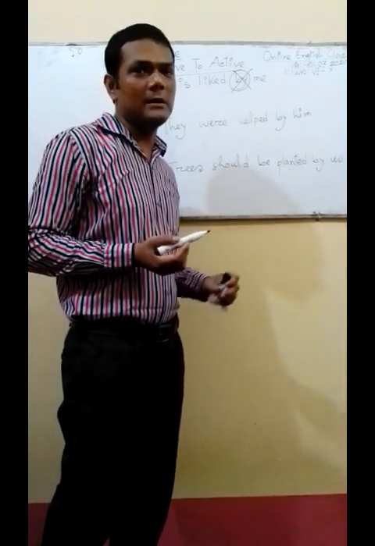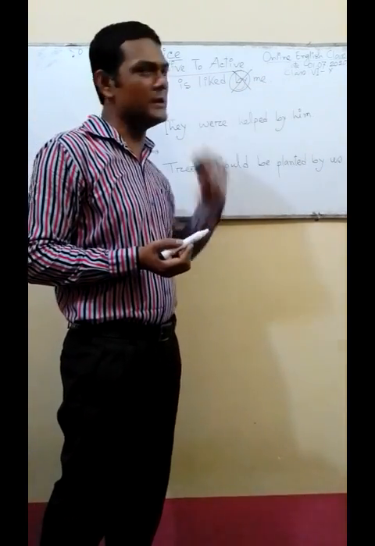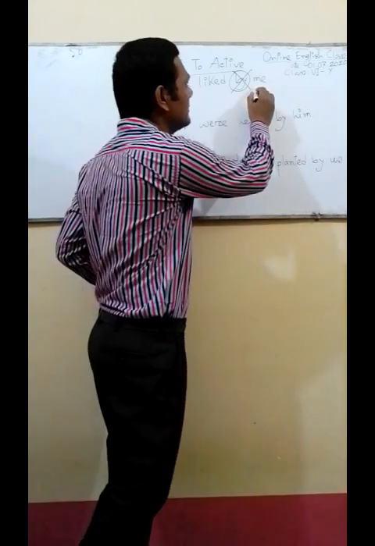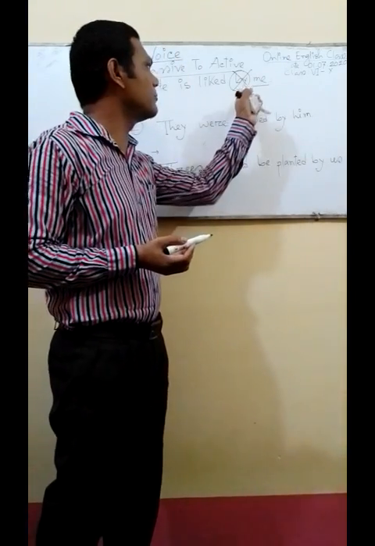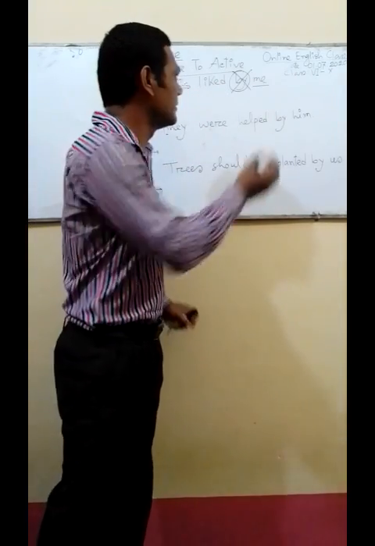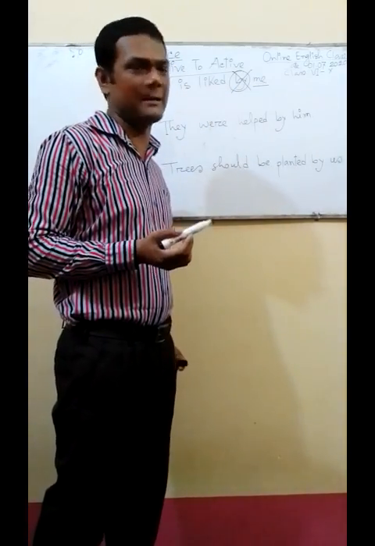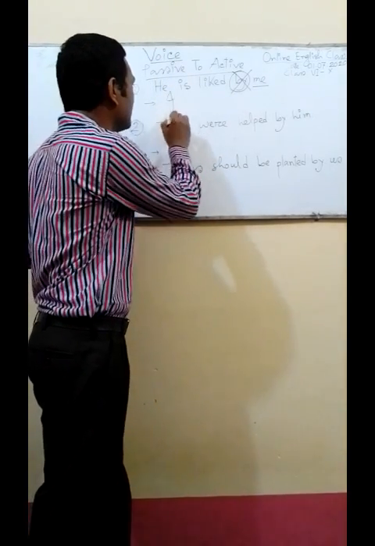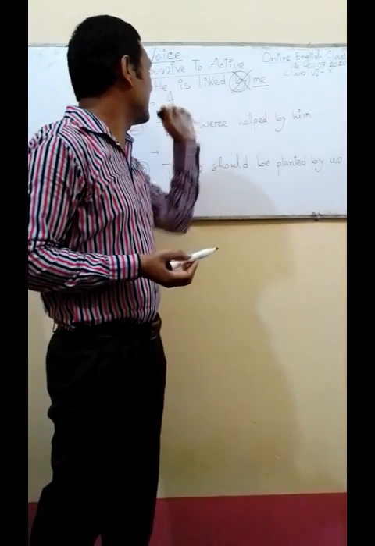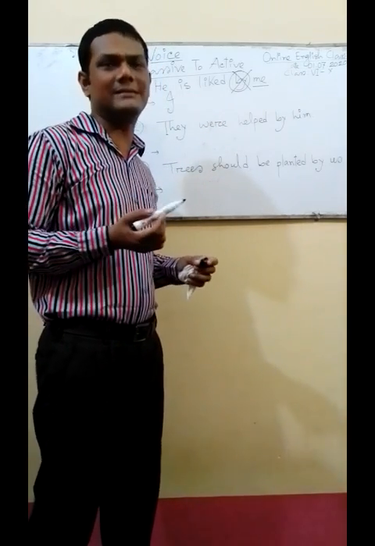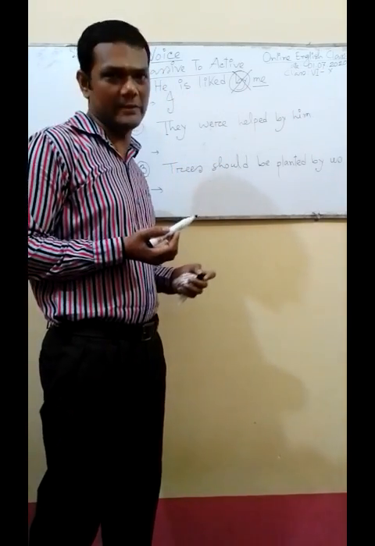And after by there is a word me. And you know that this is objective form, and from this objective form you have to make it subjective form. So you know that me is objective form and I is subjective form. So here I have written I. And the next you have to find out the auxiliary verb from the passive voice.